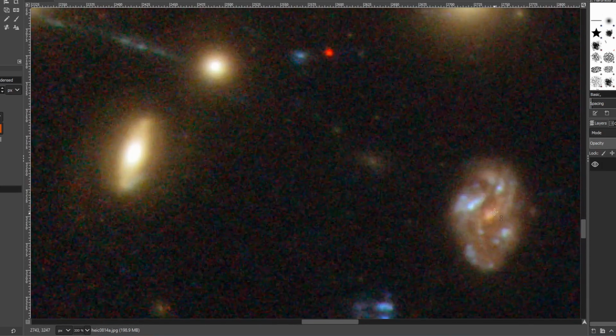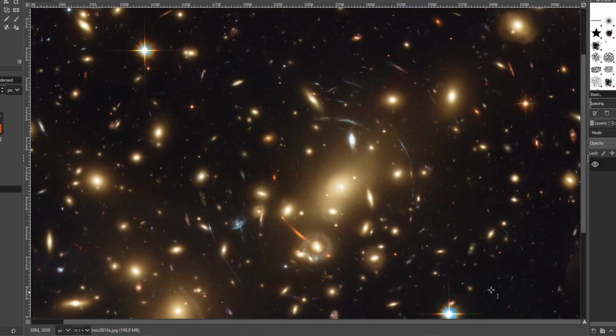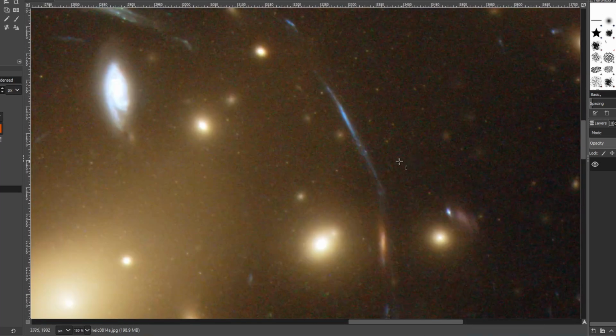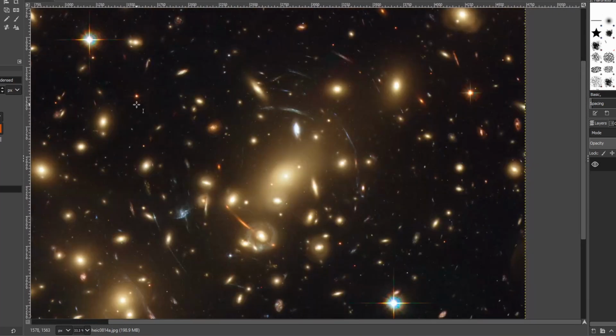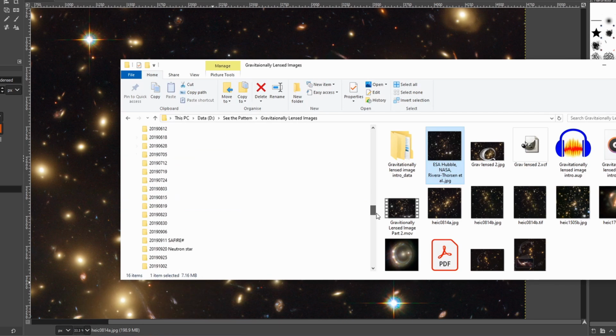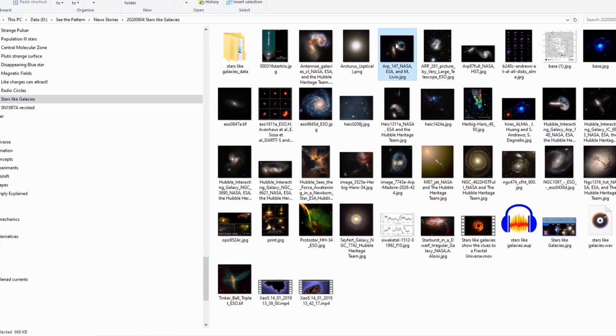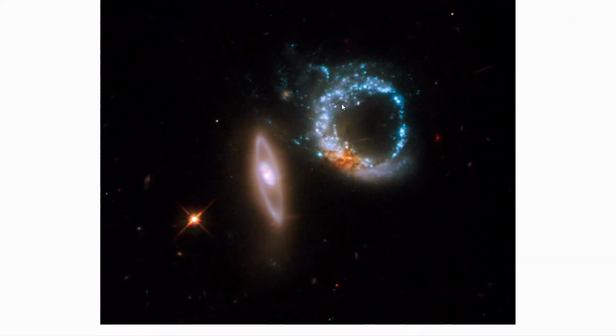But equally, you have these galaxies that have that as well. And looking at some of Arp's Peculiar Galaxies, some of those had a similar sort of dotty blue character. Some of those, particularly the ring ones. Where's that one? The one they did on the Stars Like Galaxies. Yeah, here. So you got the blue, and you got your red.